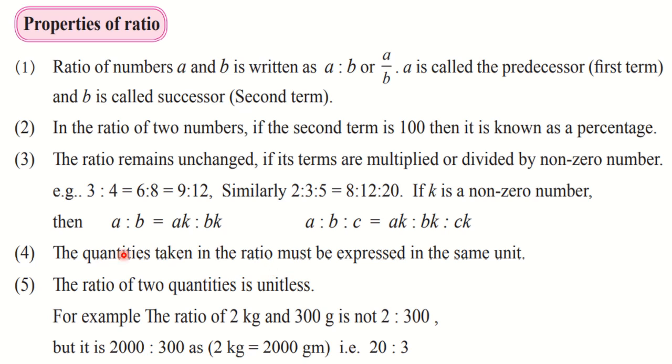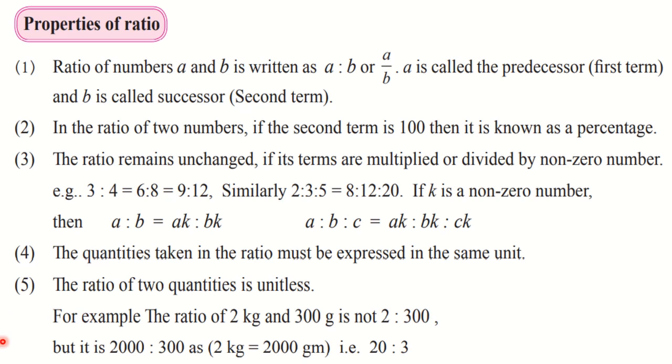So this is important: whenever you want to find the ratio, the two, three or four quantities should have the same unit. Like if you want to compare two quantities by weight, and one quantity is in kilograms and the other is in grams, you cannot compare. Both quantities should be either in kilograms or in grams, then only you can compare them. So this is an important property: the quantities must have the same unit, and only then can you find the ratio.